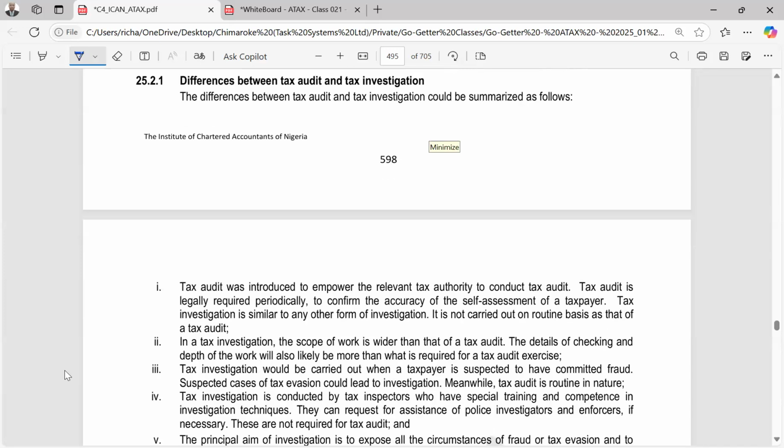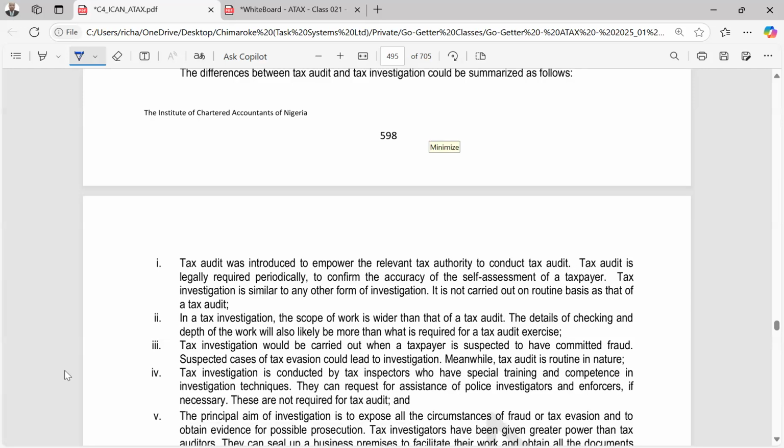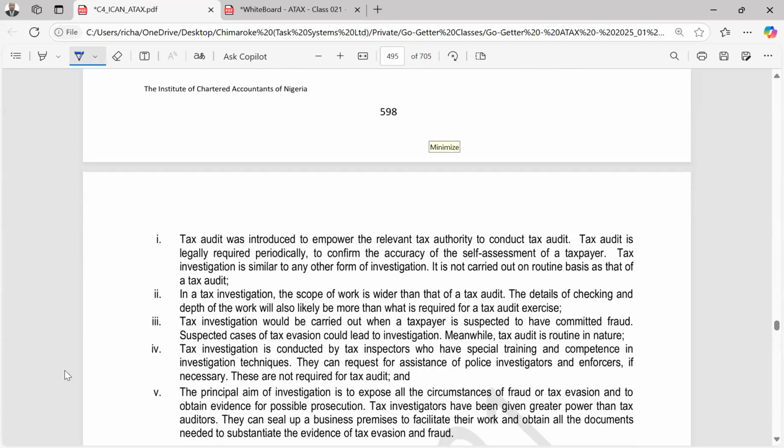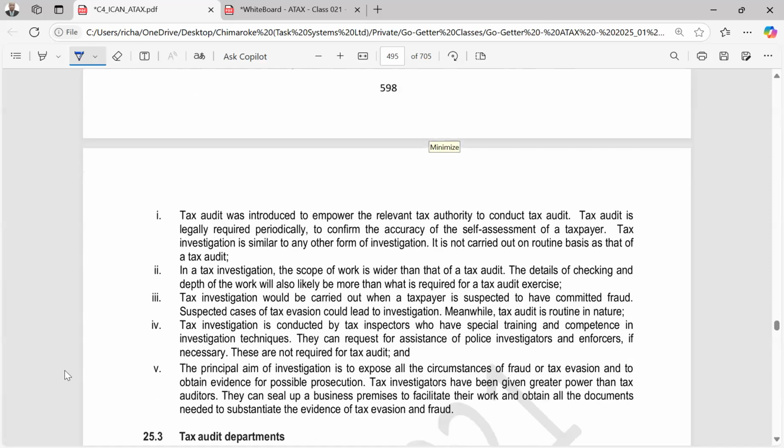Then tax investigation is carried out when there's a suspicion of crime or fraud. Meanwhile, tax audit is a routine thing. They can carry it out on every taxpayer. Tax investigation is conducted by tax inspectors, whereas these are not required for tax audits.